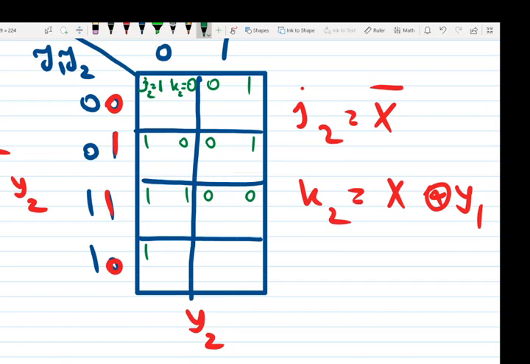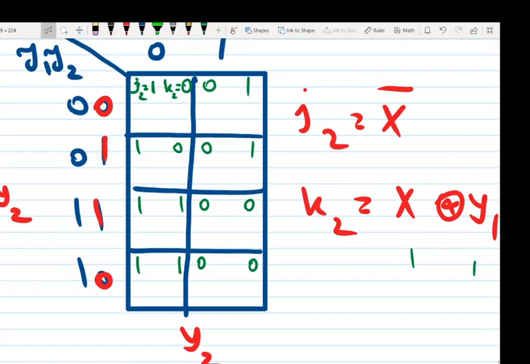K is X XOR Y1, X is 0, Y1 is 1. So 0 XOR 1 gives 1. And the last cell here, J2 is X bar, which is 0. K2 is X, which is 1, Y1 is 1. 1 XOR 1 is 0.